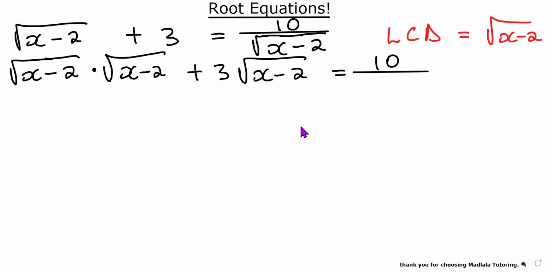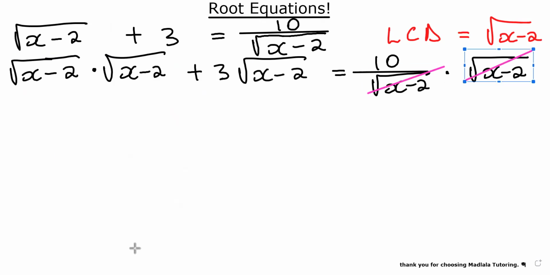And similarly, we multiply it with the LCD, which is the square root of x minus 2. Then this one and that one will cancel out. So on the right-hand side, we are now left with a solid 10.